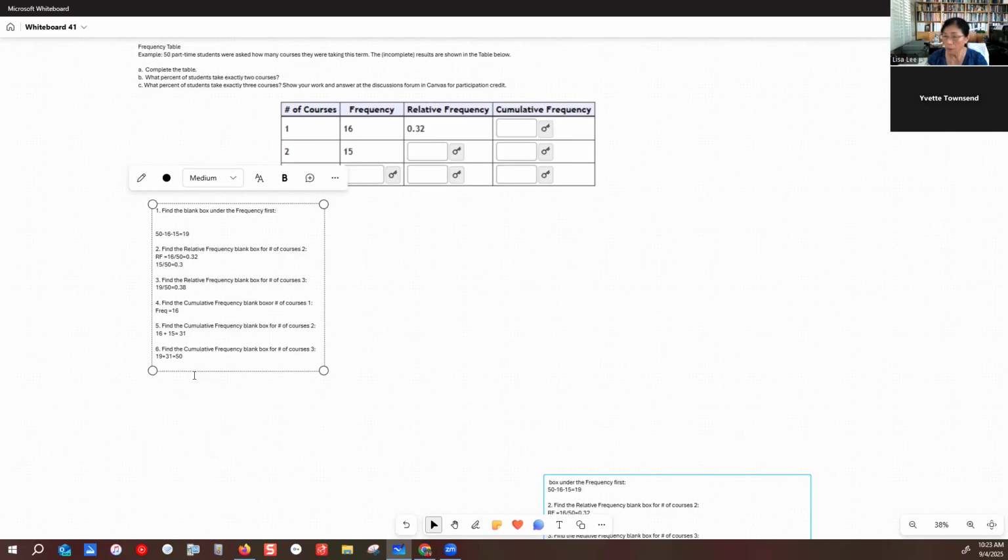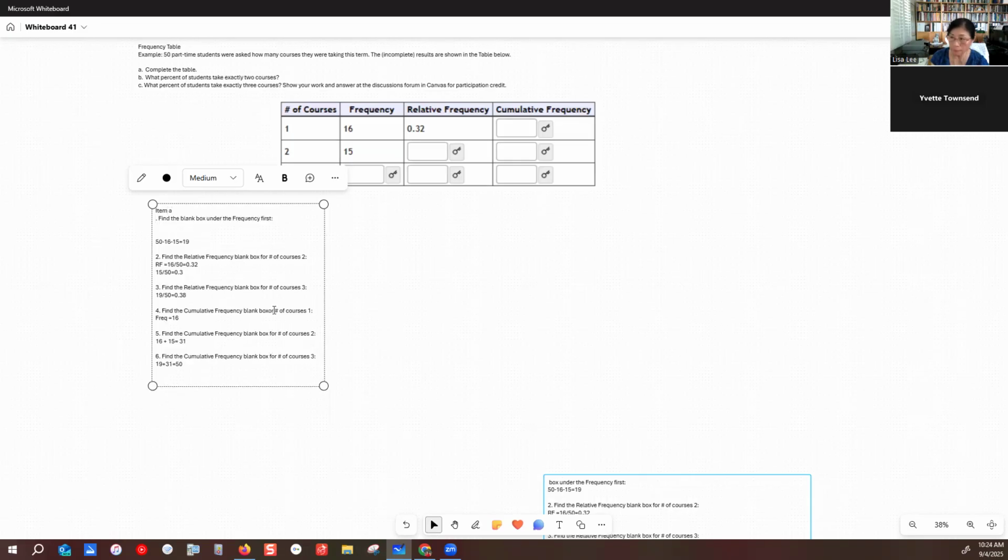So A, we have already done the question A. That's to complete the table we did. Item A, I showed you in 1, 2, 3, 4, 5, 6 steps, okay? Now we are going to answer item B. So now let's go to item B.